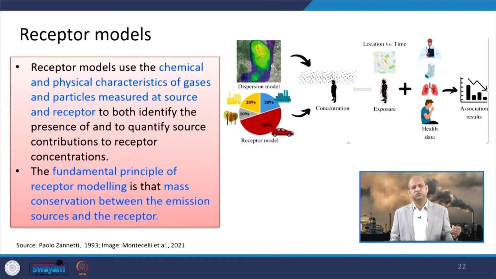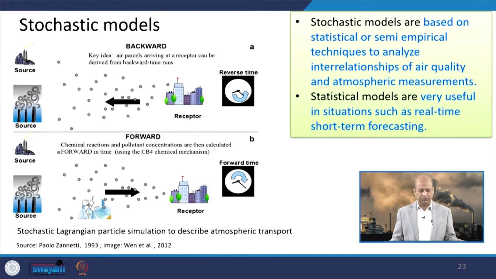Those kinds of source apportionment can be done with the help of these models. The fundamental principle of receptor modeling is basically the mass conservation between the emission source and the receptor. So, there are various techniques to identify those concentrations, and then the exposure, then its health effect, all those kinds of things can be done by using these receptor models.